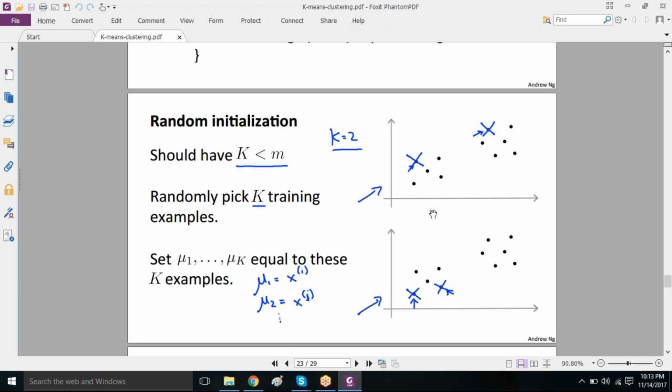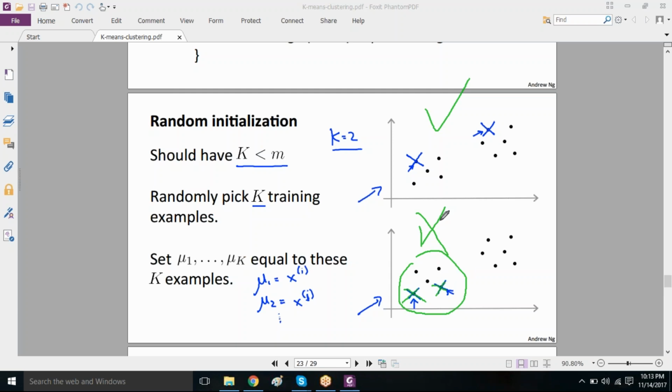Now my question is, there can be chances where you randomly choose the cluster centers and both are chosen in the same cluster. So this is a wrong initialization, and this is a good initialization, isn't it? It may happen that the random centroid goes into the same cluster.